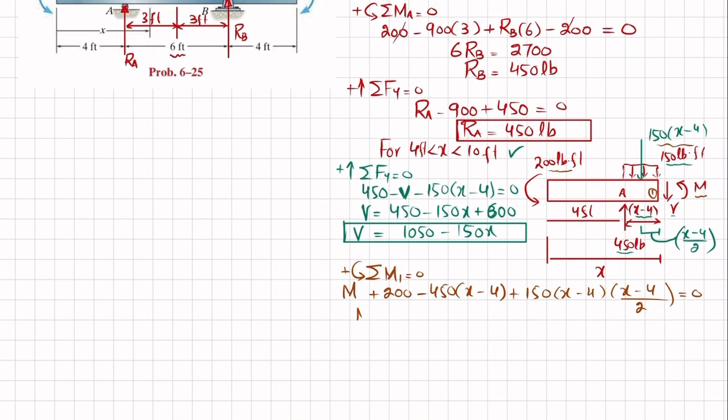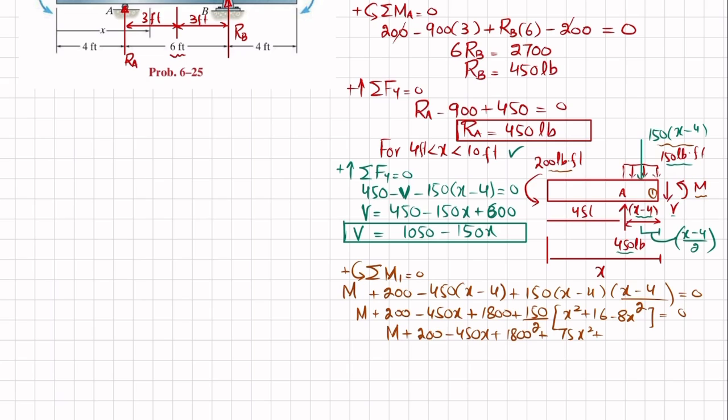Now we will simplify it. So M plus 200 minus 450 into (x minus 4), which gives minus 450x plus 1800, plus 150 divided by 2, and this will be (x minus 4) whole square, which is x square plus 16 minus 8x, is equal to 0. 150 divided by 2 will be 75, so 75x square plus 75 into 16, which is 1200, minus 75 into 8, which is 600x, will be equal to 0.